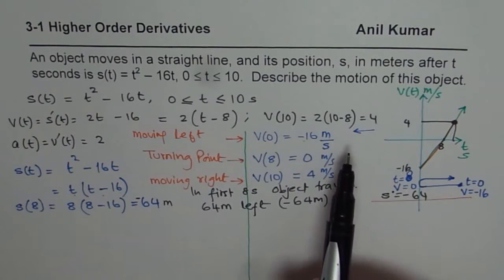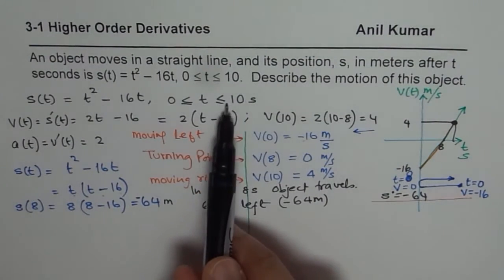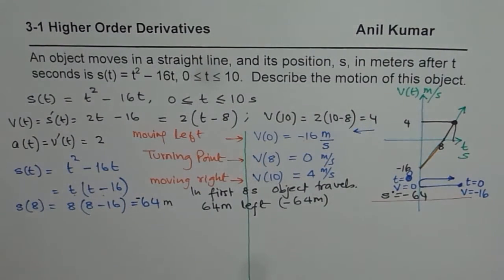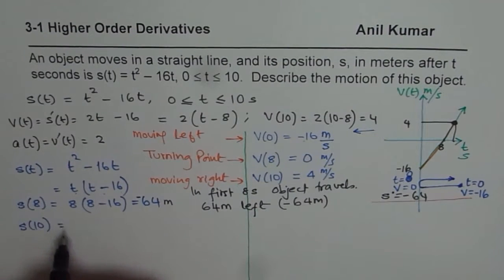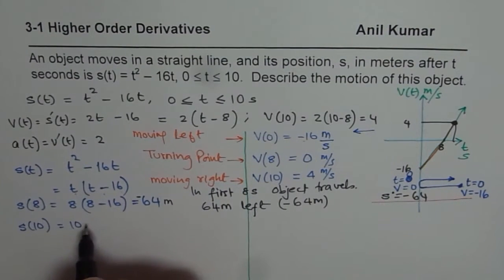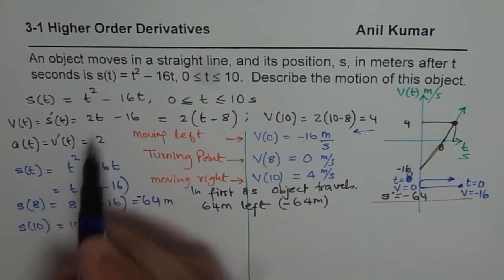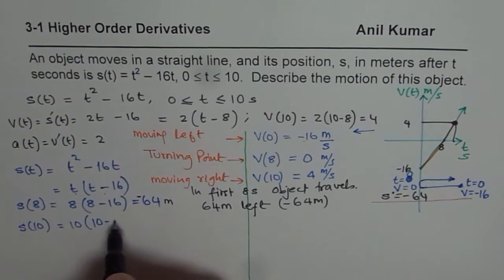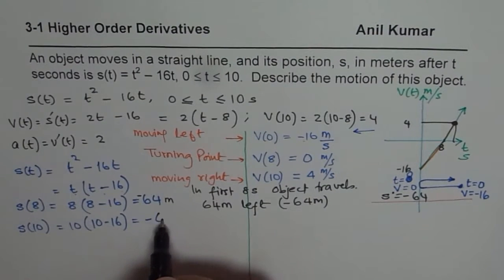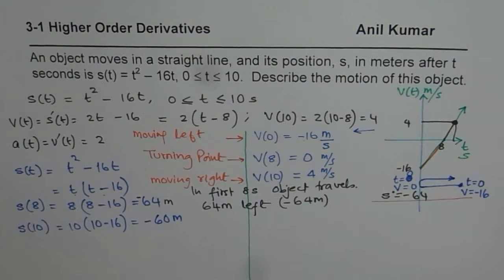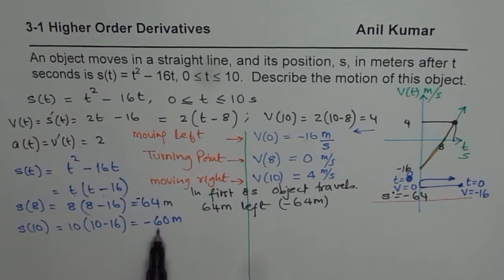Now, we have to see what happens in the next 2 seconds, right? So let us find the position at 10. If I substitute 10 here, I get 10. You could do either one of those equations. 10 minus 16, and that's 60, right? So it is minus 60 meters. So at this time, the position is 60 meters away.